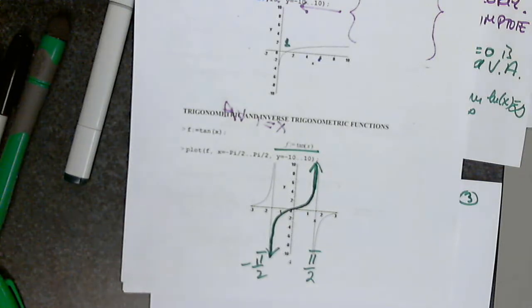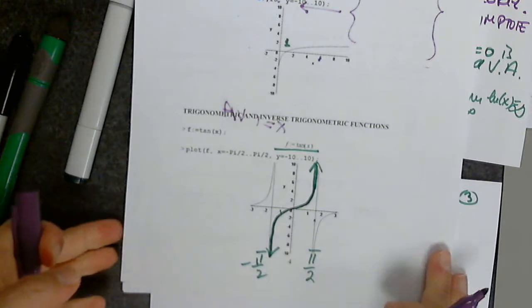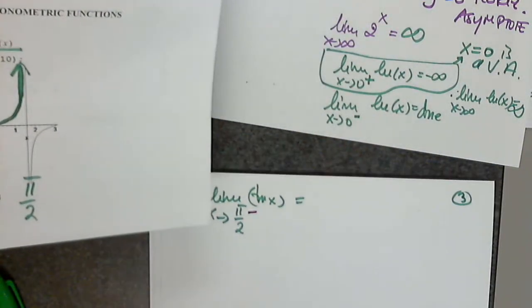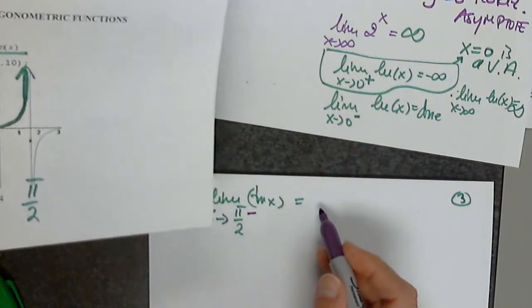So what could I ask you, for example? As x approaches pi over 2 from the left, what is the limit?